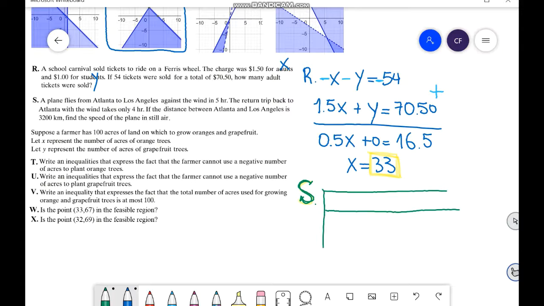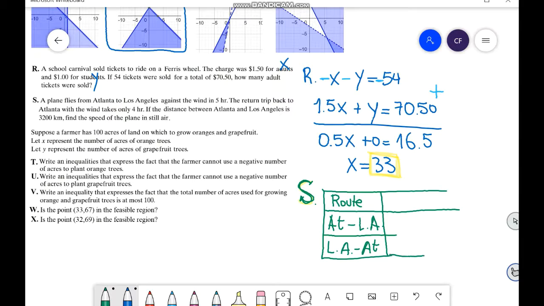So we have the routes. The route here, the first one, is from Atlanta to Los Angeles, the first leg. And the next is back from Los Angeles to Atlanta.